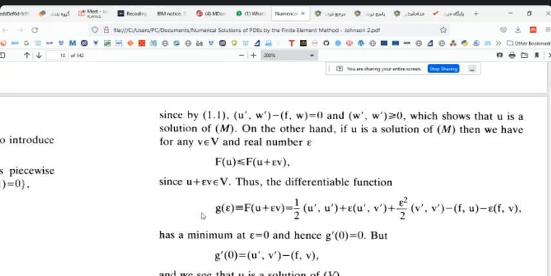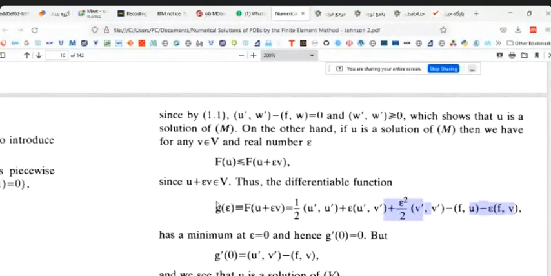This function of epsilon has a minimum at 0. Looking at this definition, when epsilon becomes 0, it takes its minimum.